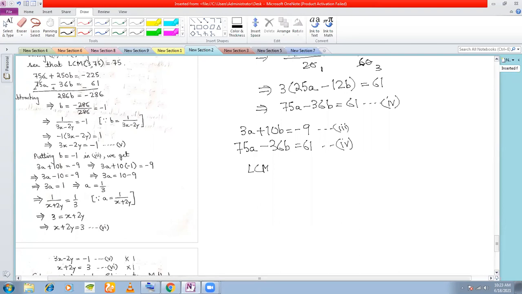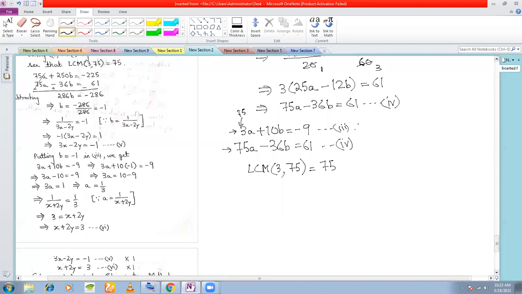We take the LCM. Suppose you want to remove a. The coefficient of a here is 3 and here is 75. The LCM of 3 and 75 is 75. So I want to make this 3 into 75. What should I multiply this equation by?